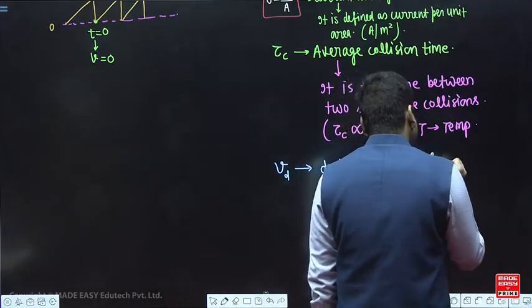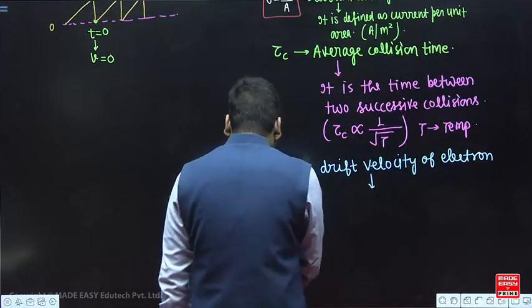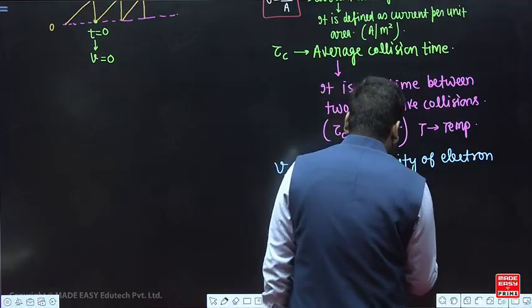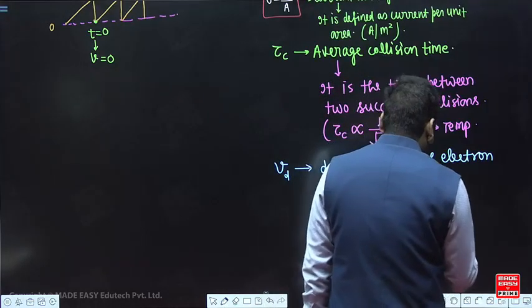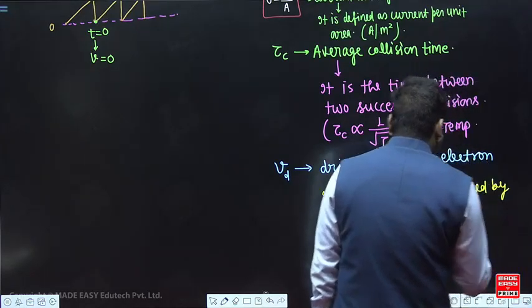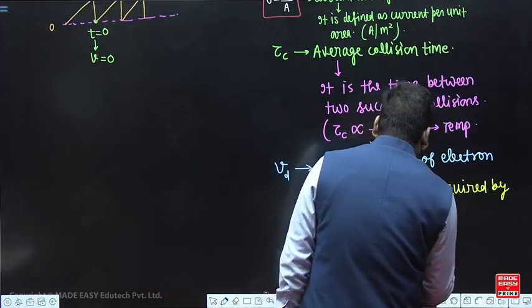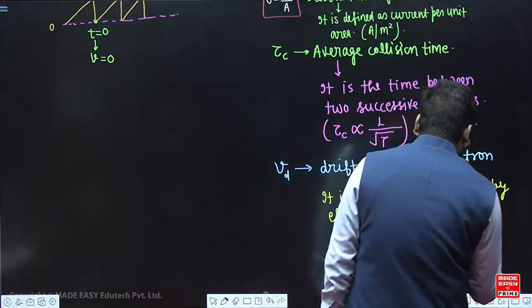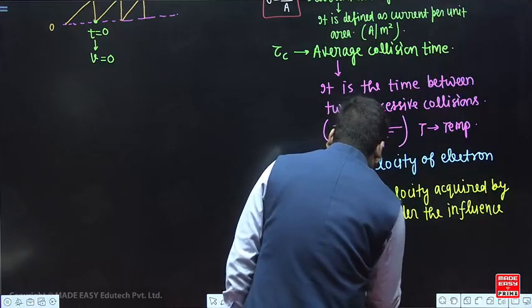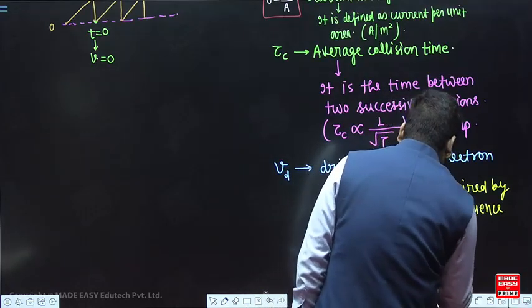Drift velocity of electron is the velocity acquired by electron under the influence of an applied electric field.